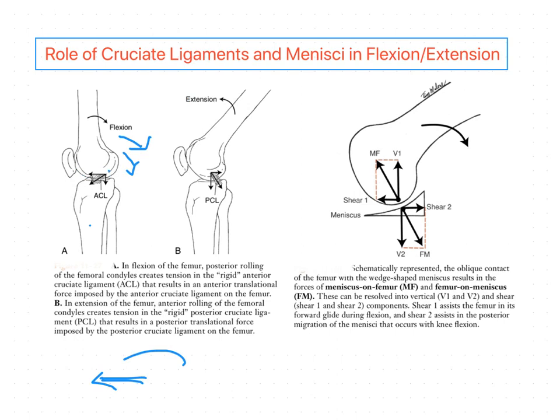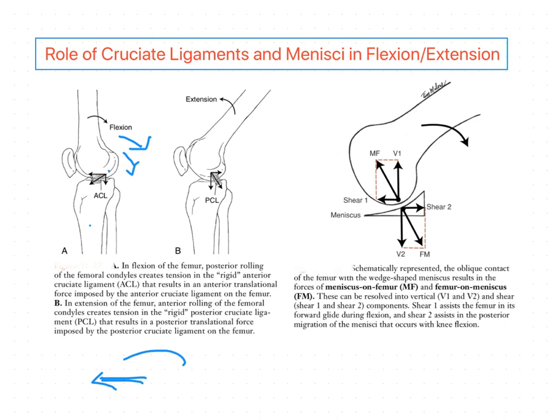So that means when it rolls posteriorly, it creates a wedge around the tibial plateaus.